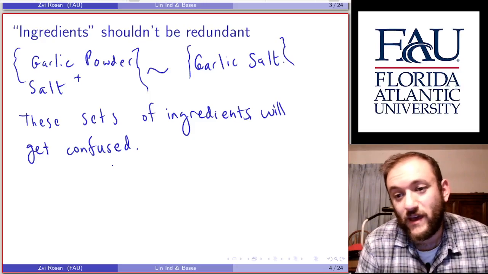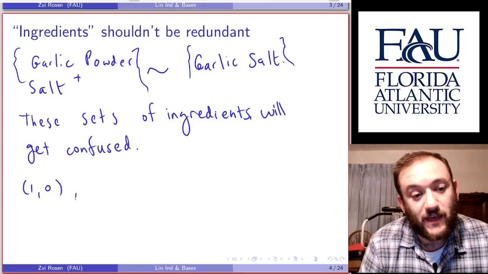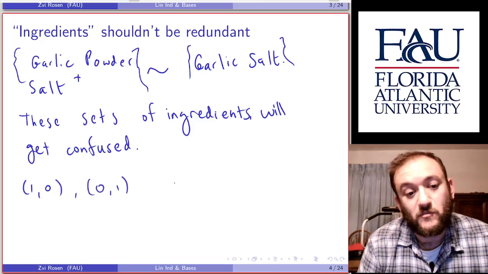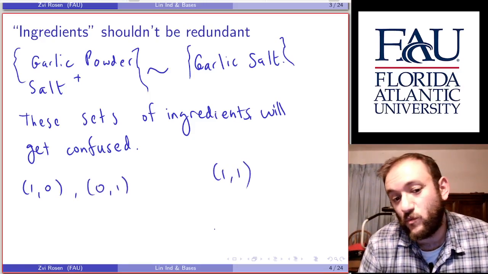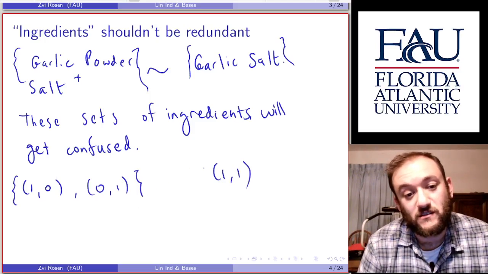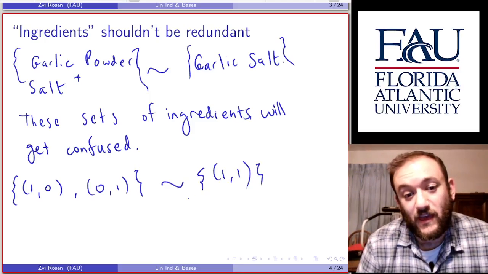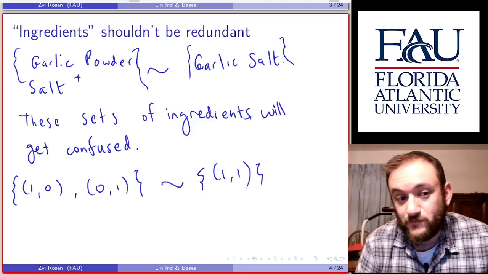In the same way, if we have ingredients like 1, 0 and 0, 1, but we also have an ingredient that looks like 1, 1, those are going to get confused because I could just take the two of these, add them together, and I would get the thing on the right.